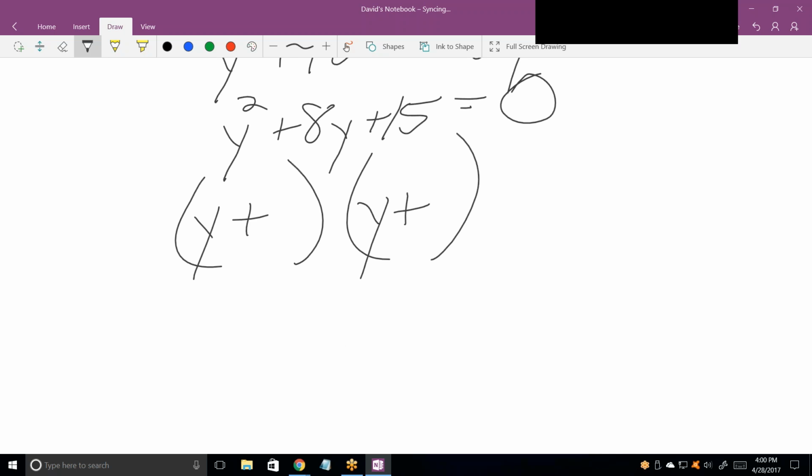It has to add to 8 and multiply to 15. Exactly. It has to add to 8 because of that plus sign. So it's 3 and 5. If that was a minus sign, then it would have to multiply to 15 and subtract to 8. So y equals -3 and y equals -5.